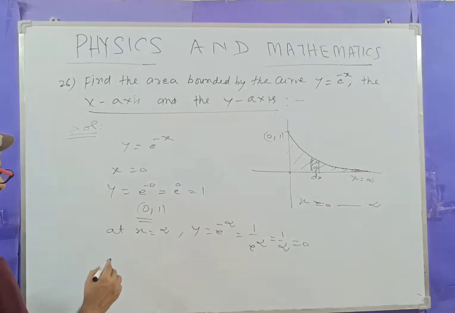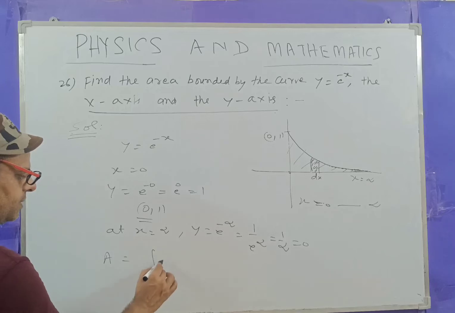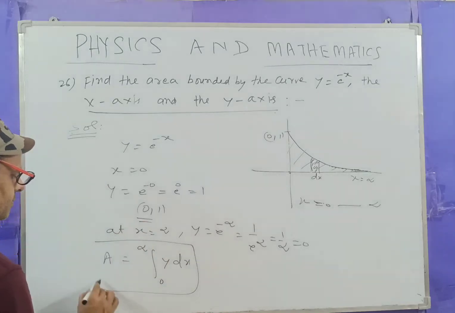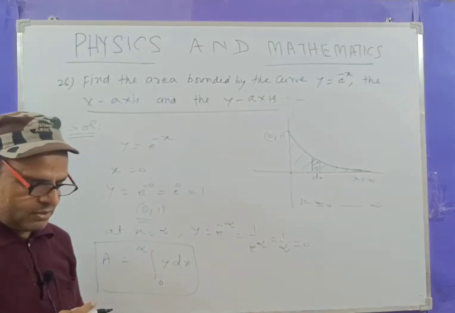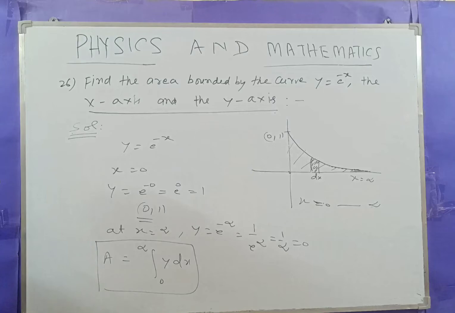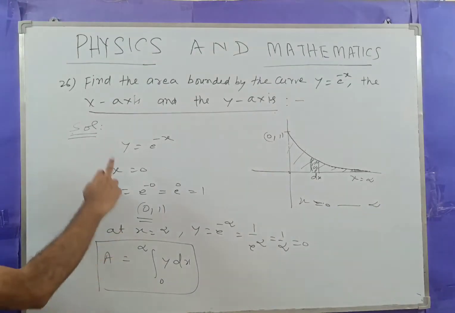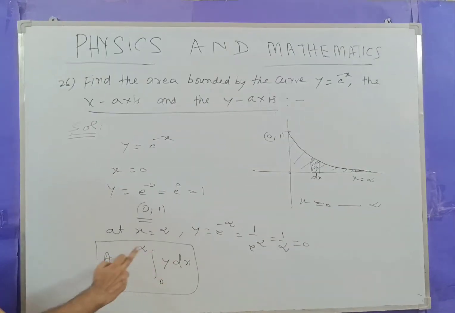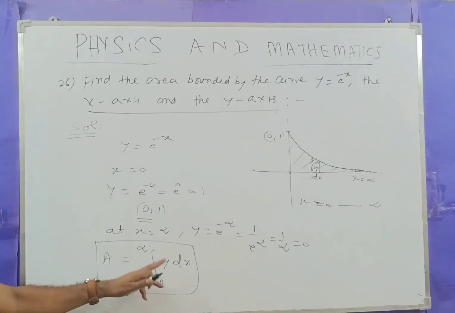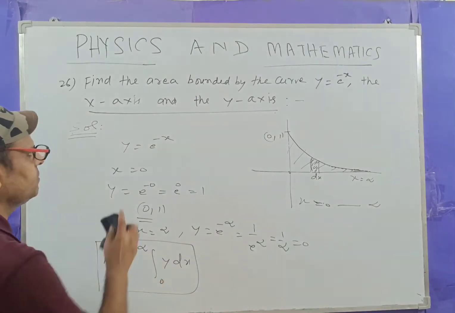So area A is equal to the integration of y dx from 0 to infinity. This is the area which we have to calculate. I think you have got the point. Now this is the question and that is the graph. So let us put the value of y and then solve it.